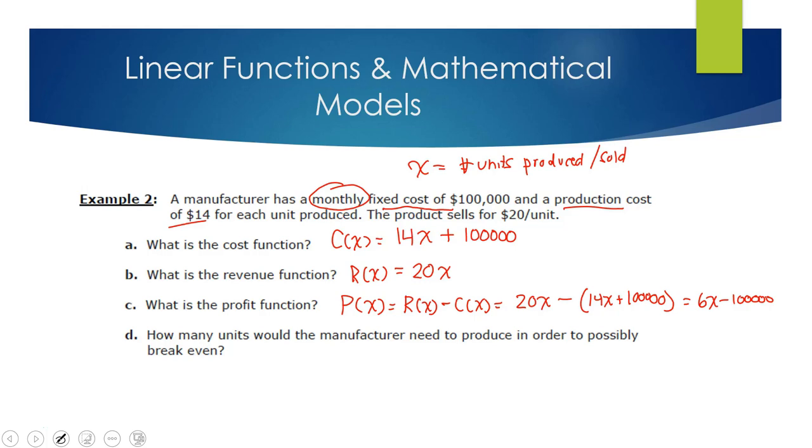The profit is zero, but I'm not making a loss either. So you can either say, well, I want to see when these two are equal. But if these two are equal, that means that this is going to be 0.